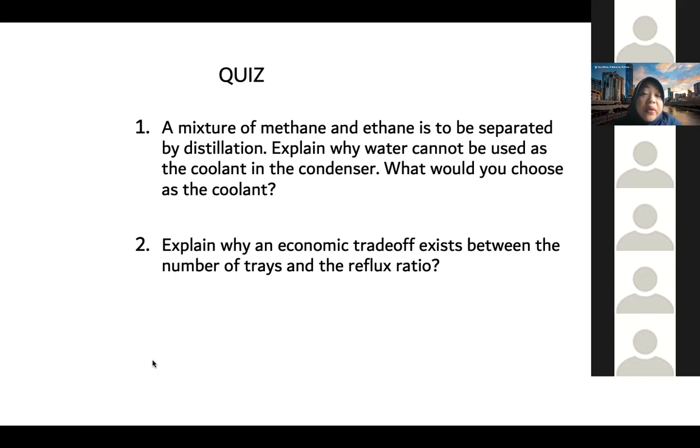We don't want that. That's not enough. We want to build it and make it possible, and it should be economical, and even safe, and it should also have a good impact on the environment. So, the economic trade-off: why does the economic trade-off exist between the number of trays and the reflux ratio? Who wants to try to answer?